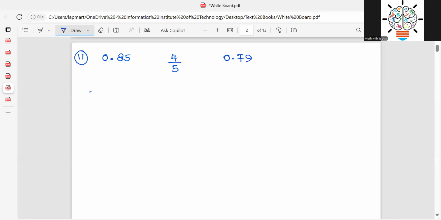Okay. So what I do here, this time I use the decimal. Because when I convert 4 over 5 into decimal, I know it is 0.8, right? And then I write this as 0.79, okay? Then I rewrite this. Why? Because two of them are in two decimal places, so I convert this one also into two decimal places. Now it is easier for me to compare.